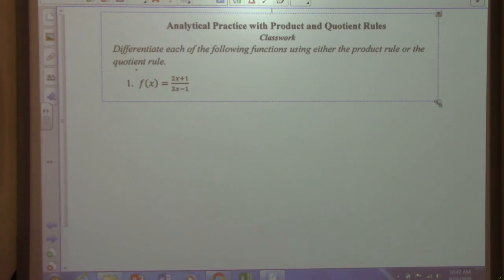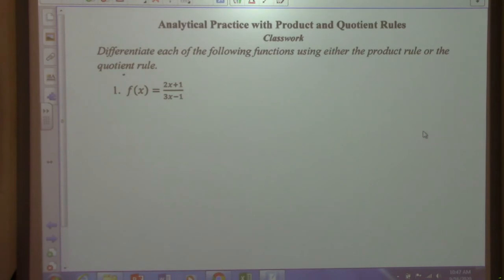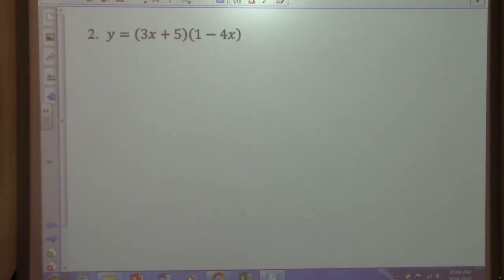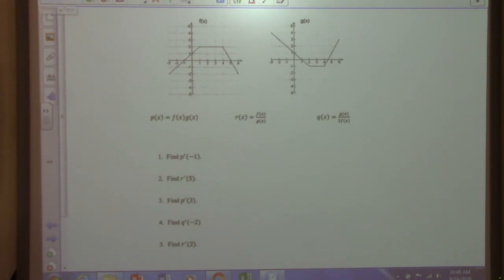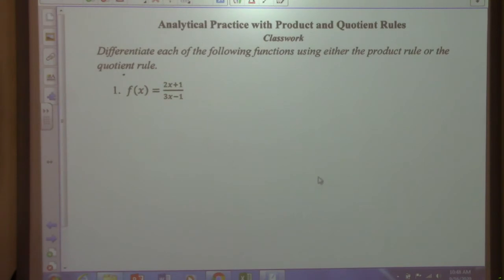What I want you to do is see this next exercise set here. It says classwork, analytical practice with product and quotient rules, classwork. What I want you to do is go over these problems in classwork. Do the first, let's say the first 2 of these, 1 and 2. Can you do those? I can try. That's right. That's what we want.